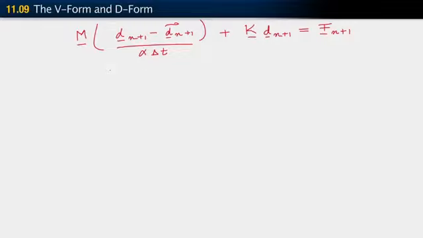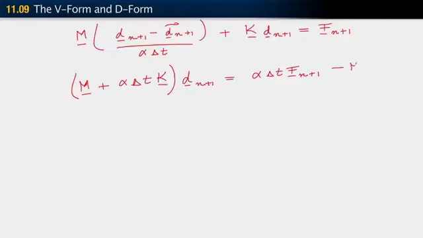And this again we reorganize by simply multiplying through by alpha delta t. So we get m plus alpha delta t k, d at n plus 1, equals alpha delta t f at n plus 1 minus m d tilde at n plus 1.